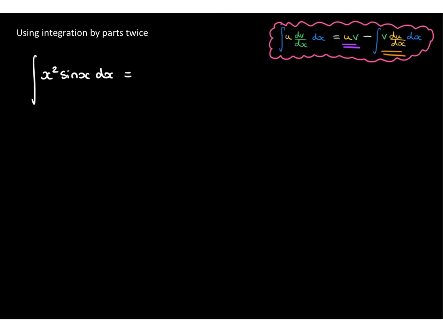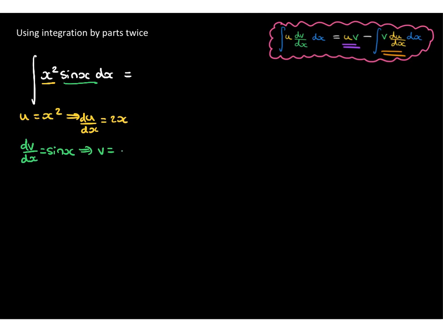Let's take a look at another example, the integral of x squared sine x. So I'm going to choose u as x squared and dv by dx as sine x. So we'll start round 1 of integration by parts. dv by dx is sine x.